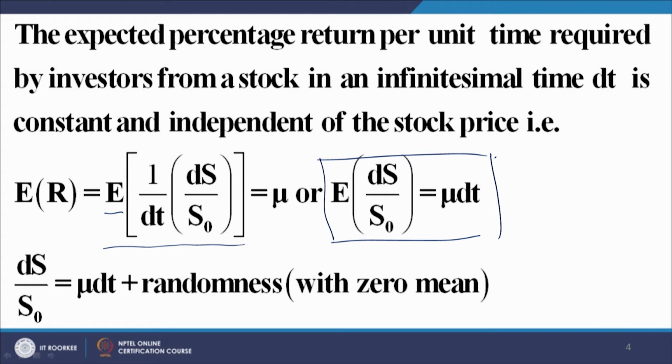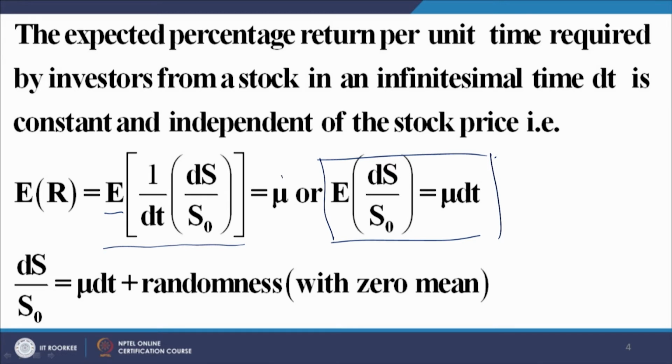The expression within the round bracket represents the percentage change in stock price. You divide it by dt, you get the percentage change in the stock price per unit time. You take the expectation thereof, you get the expected percentage change in the stock price per unit time, and the model says it is a constant quantity.